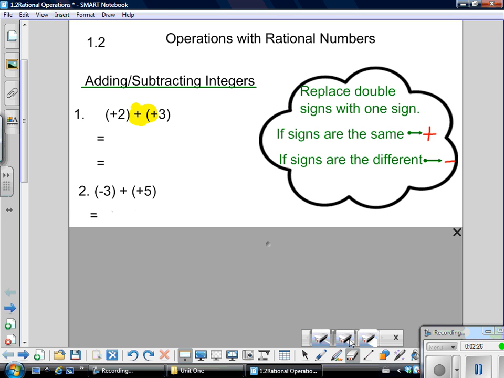As I said, I don't need the plus in front of the 2, so I'm going to put a positive 2, and I'm going to replace the double signs with one positive 3. Now you can see visually it looks very different. It's much easier for your brain to see 2 plus 3 than plus 2 bracket plus bracket positive 3 close the bracket. So we don't need that. The first step, replace the signs. Now do the math. 2 plus 3, you better know that's 5.